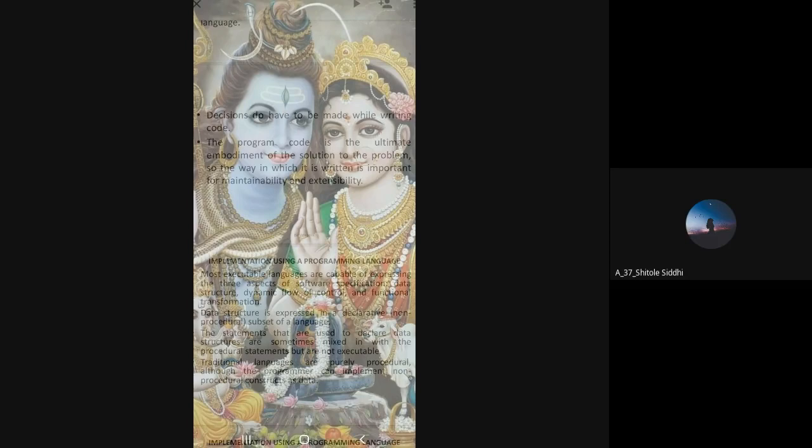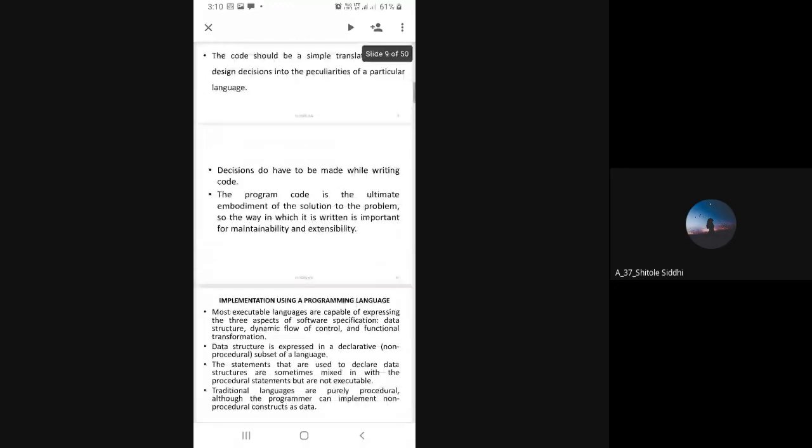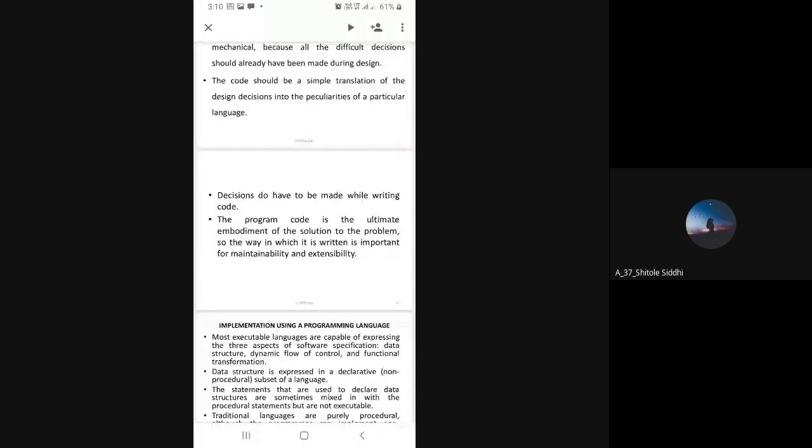So let's move back. Whatever decisions we take from a designer's perspective, the developer has to write with the same perspective. So the coding will follow the same strategy, the same logic, that we have done as part of the designing. The program code is the ultimate embodiment of the solution to the problem, so the way in which it is written is important for maintainability and extensibility.